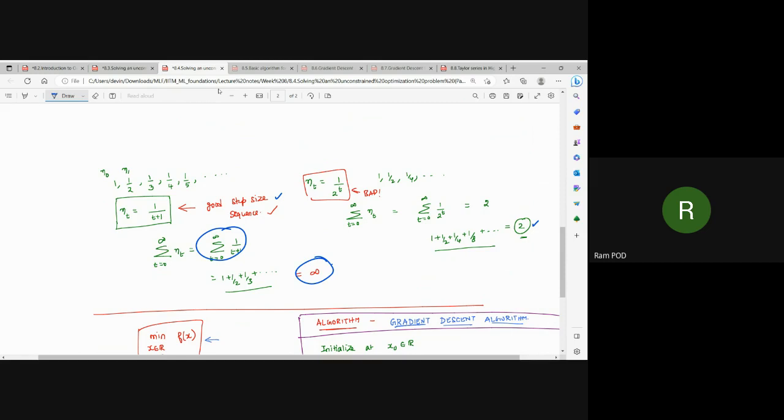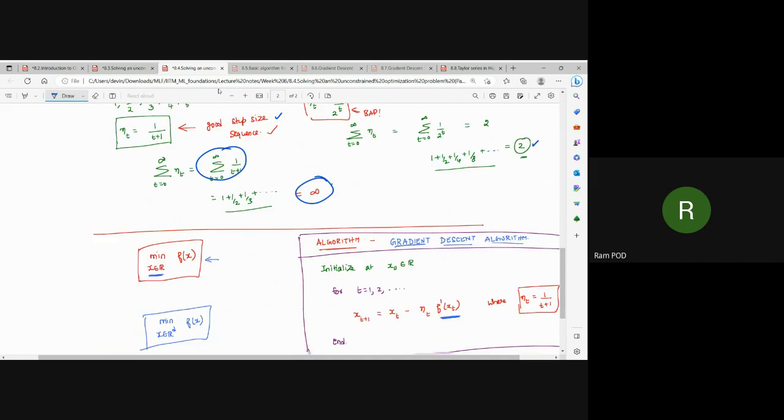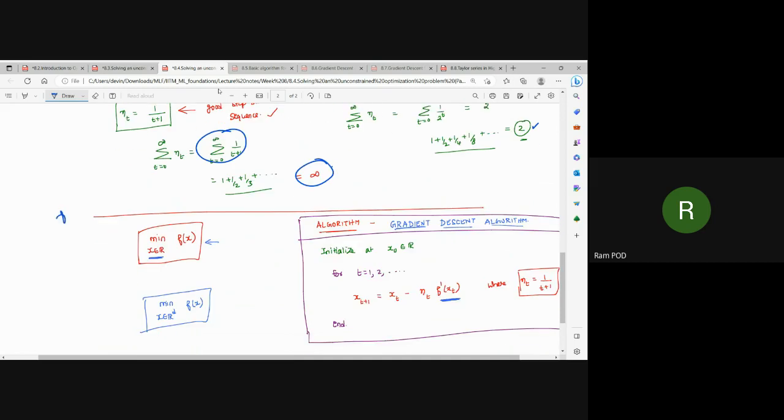So if we choose this as xt plus 1 equals xt minus eta, in place of eta, if we take it as 1 by t plus 1, multiplied by f dash of x. So we have this minus f dash of x, so I have written it like this.